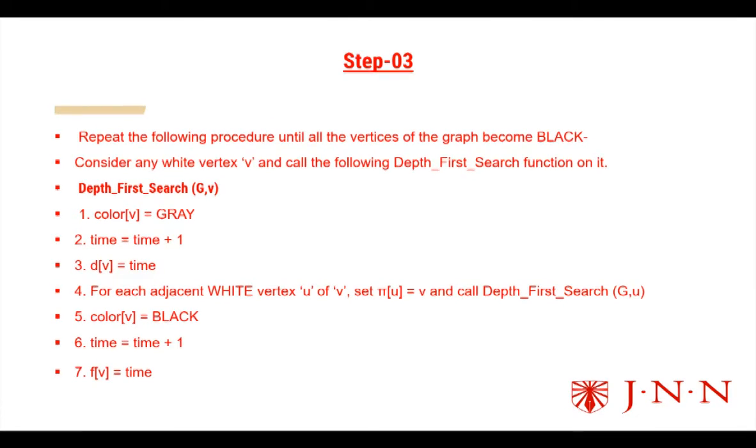If no nodes are available for further visiting, then that node is turned into black color and we increase the time unit by 1. This final time unit is considered the overall visiting time of the depth first search.